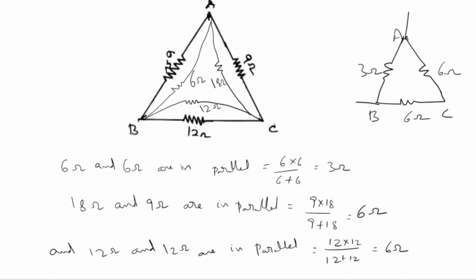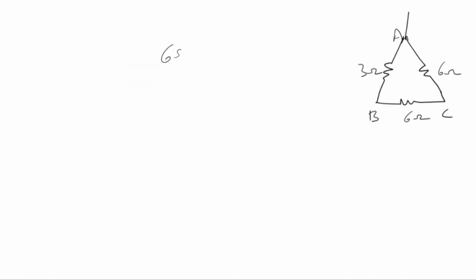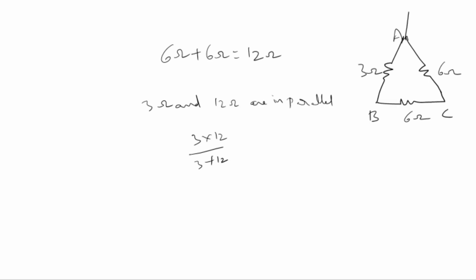Here, by observation, 6 ohms and 6 ohms are connected in series, which is equal to 12 ohms. 3 ohms and 12 ohms are in parallel: 3 into 12 by 3 plus 12, which is equal to 12 by 5, which is 2.4 ohms.